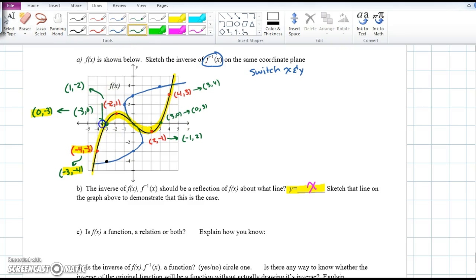Yes, everywhere I could draw a vertical line, I could only go through one point on the black. So that means it's both, because everything's a relation, and this was also a function. Explain how you know. Passes vertical line test. And again, everything is a relation.